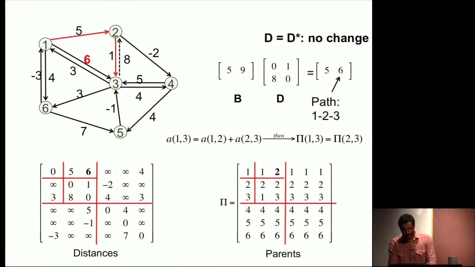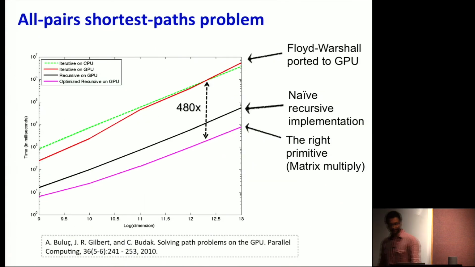So what does it buy you? This is an old slide, circa 2009, I think, of work I did when I was a grad student. If you implement the naive Floyd-Warshall algorithm on the GPU, a very powerful device at the time, you'll get the performance that is the solid red line on top. This is a log-log plot, and the y-axis is milliseconds, so lower is better, and the x-axis is the dimension of the problem.